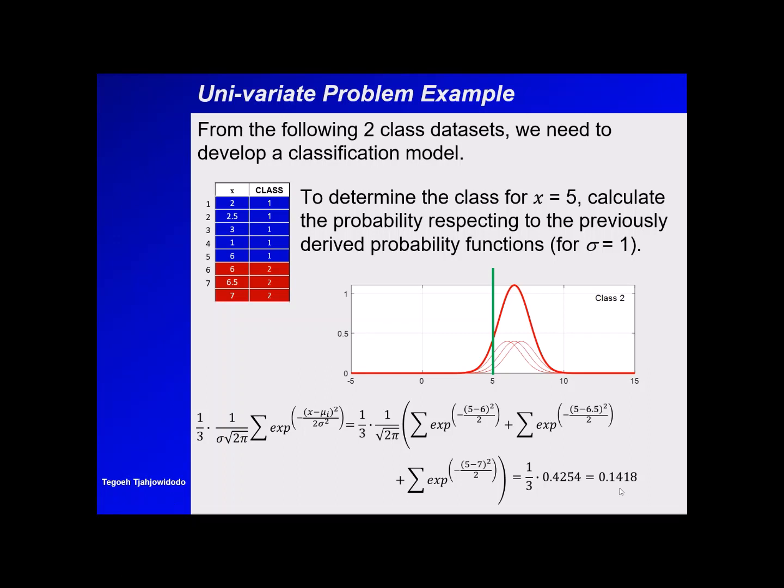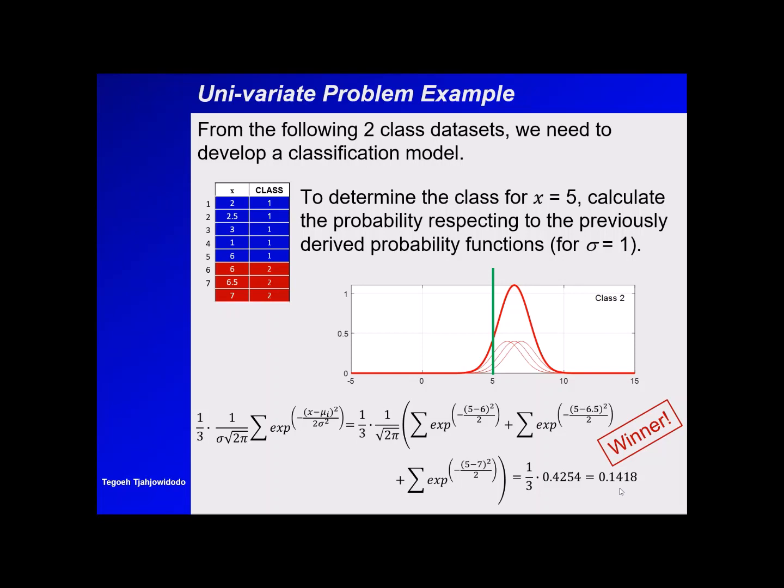So from here, I will conclude that X equal to 5 is classified as the second class. This example gives you a brief overview on how we do it for PNN, how we define classes for PNN.